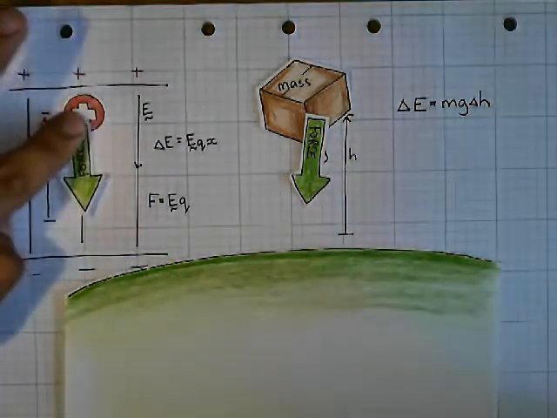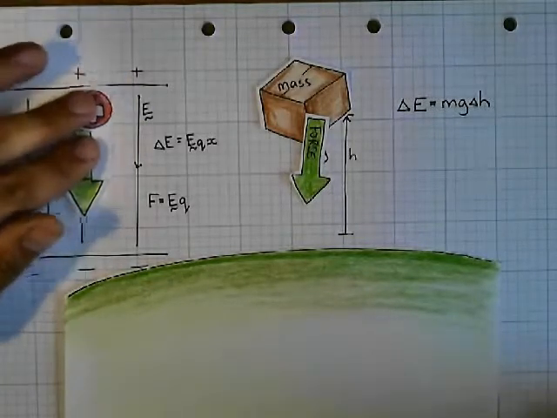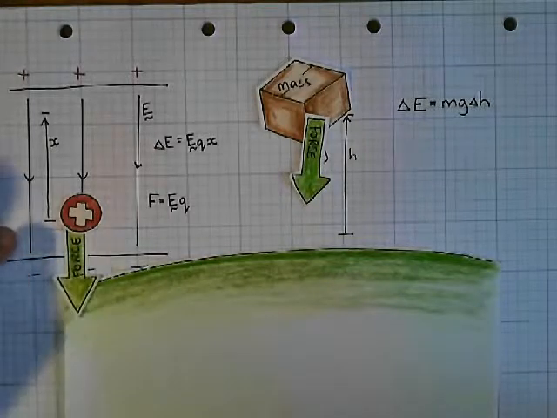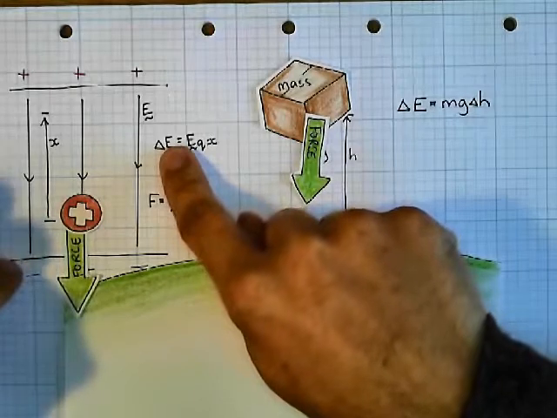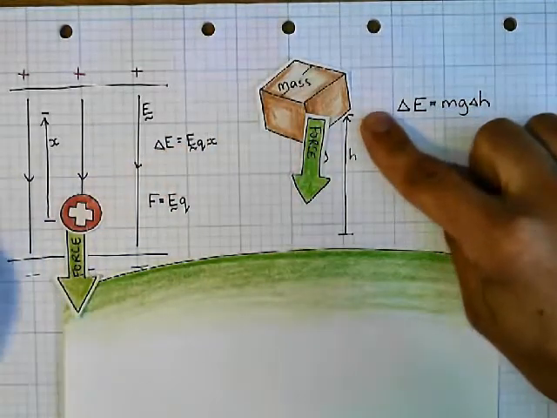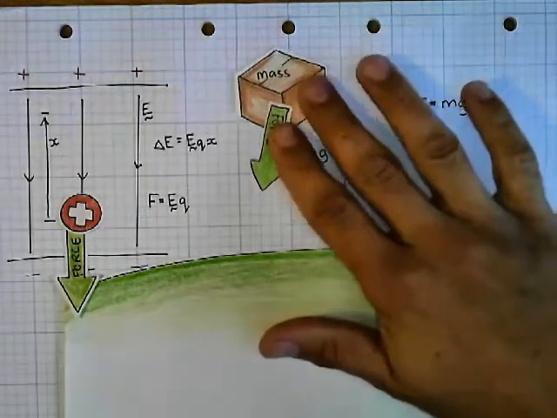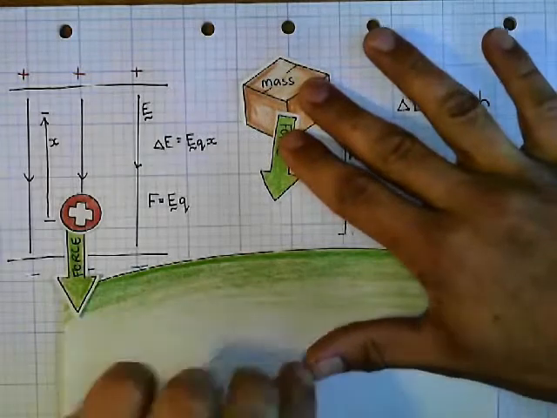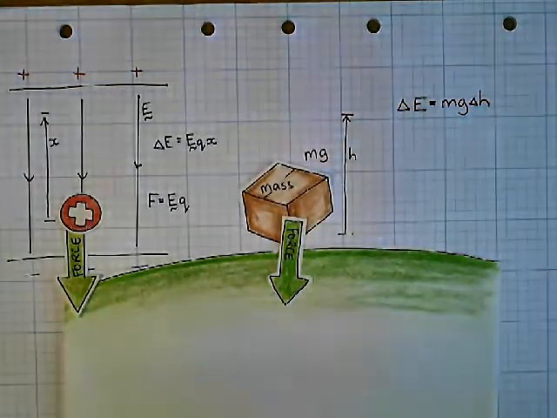If we let go of this charged particle here, it's going to accelerate away from the positive plate towards the negative plate. It's going to convert its electric potential energy into kinetic energy, just like if we let go of this massive object, it's going to convert its gravitational potential energy into kinetic energy as it accelerates towards the Earth's surface.